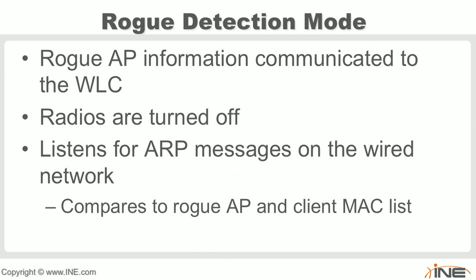The problem is you're exposing a huge security hole into your network. That's a rogue AP, and it's something that is very critical and very important to detect and eradicate on corporate wireless networks. The AP can be put into rogue detection mode, turn the radio off, and listen to ARP to deal with that and try to mitigate against that.